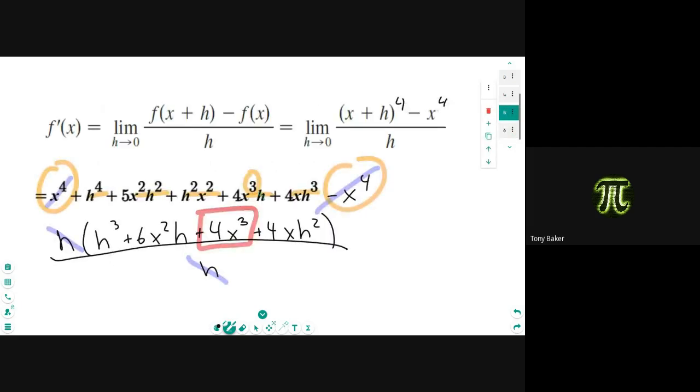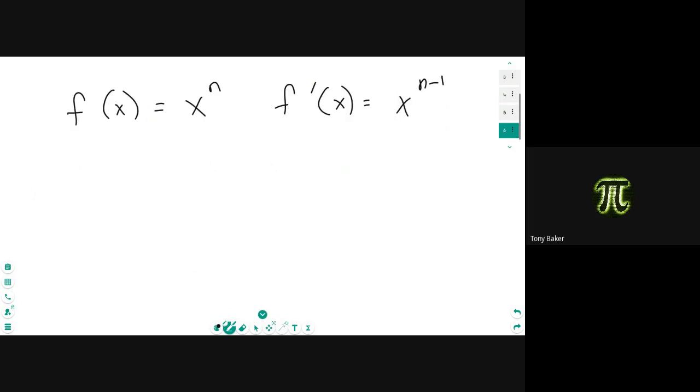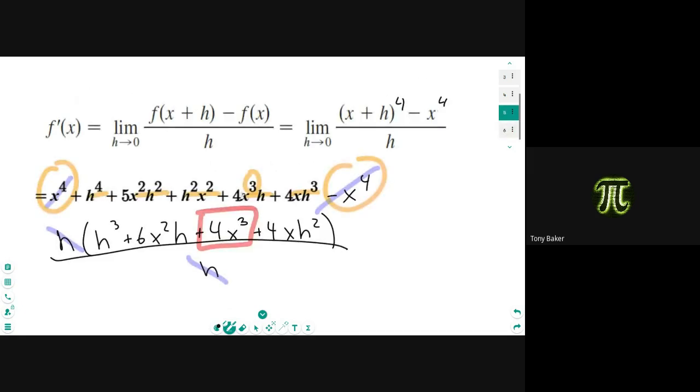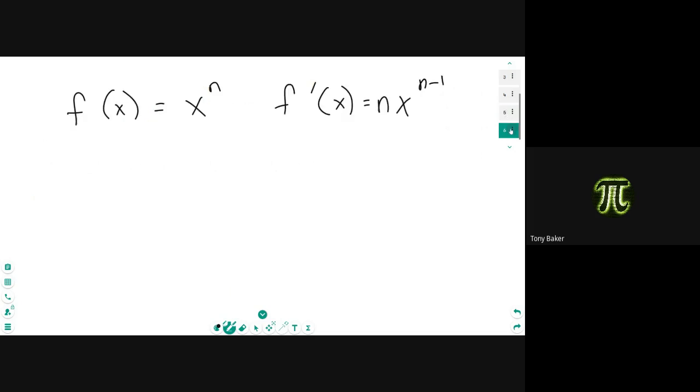It's always subtracting the 1. So that will always be whatever the degree was. Yes. So this right here is known as our power rule.